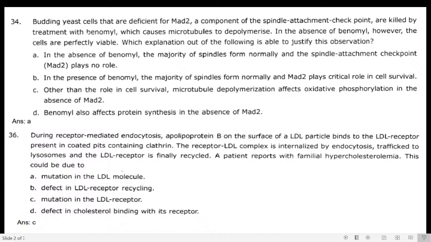The major component present in receptor mediated endocytosis is clathrin. This endocytosis is also called the clathrin mediated endocytosis process.